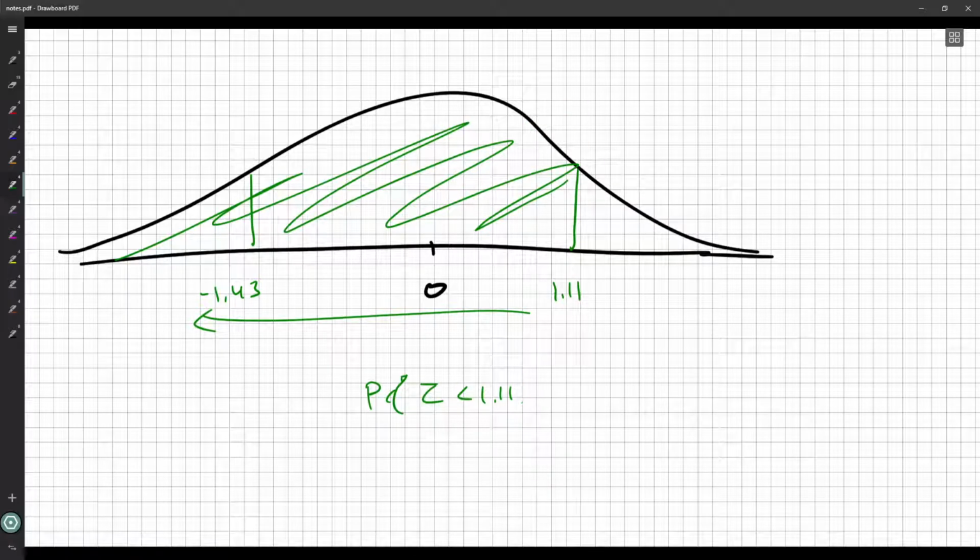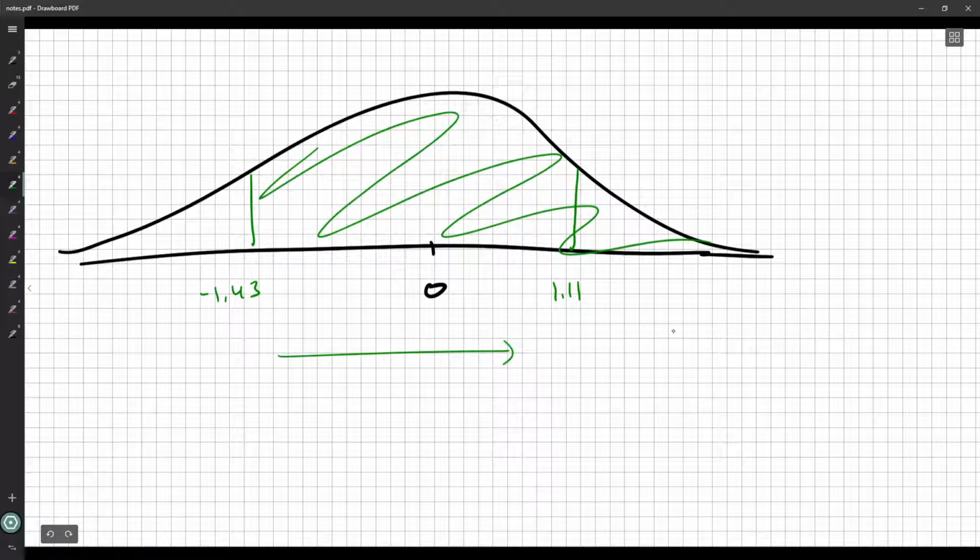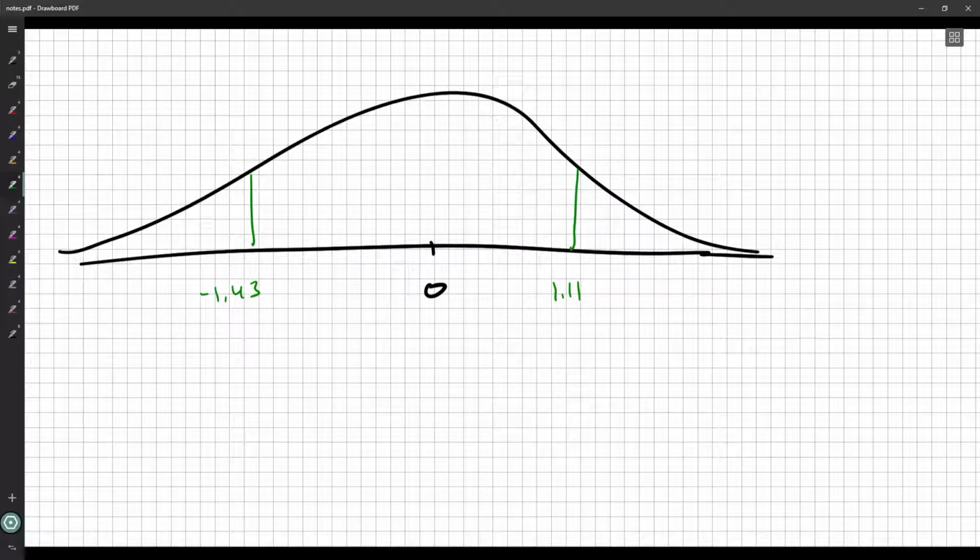Less than, so we think to the left. But we also want Z to be greater than negative 1.43, so those are values to the right. And so what do they have in common? What numbers lie greater than negative 1.43 but less than 1.11? Just the values in this range.